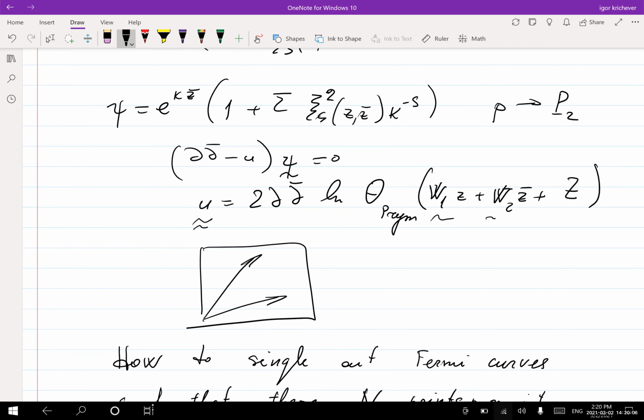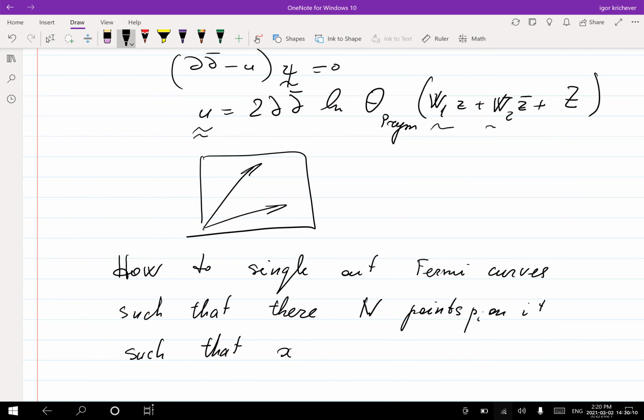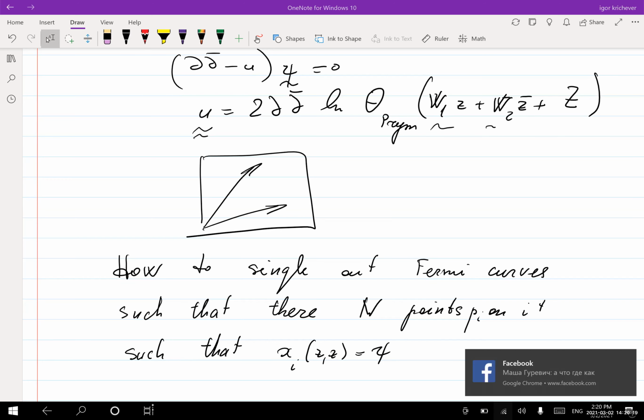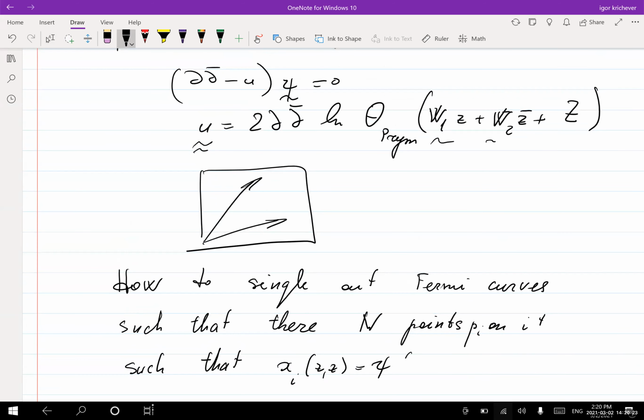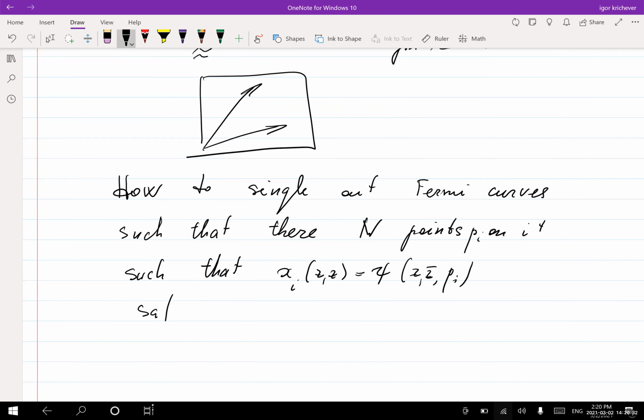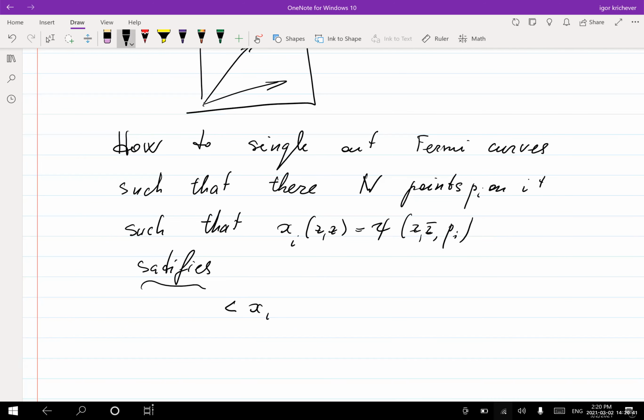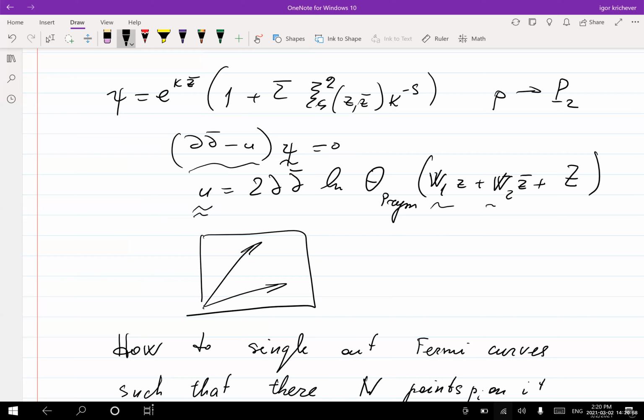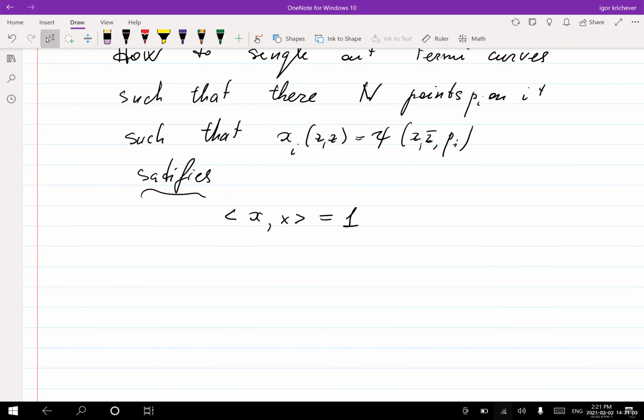Now we want to find a condition such that we can find points where the evaluation ξ_i(z, z̄) of this unique function ψ at this point satisfies the constraint ⟨ξ(x), ξ(x)⟩ = 1. So how do we know that the solutions to the O(N) model are those periodic Schrödinger operators for which this is satisfied? So how, in terms of curves and so on, do we describe this solution?